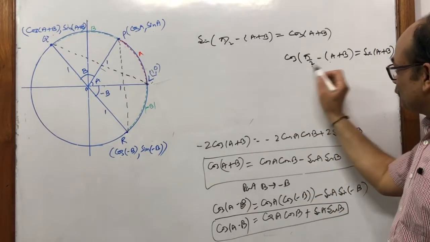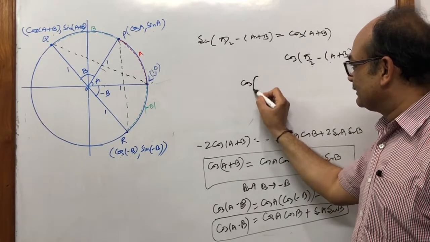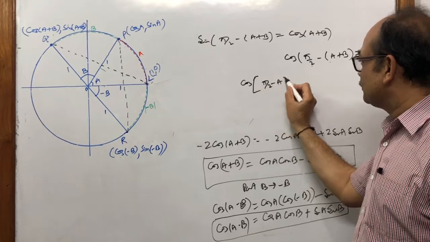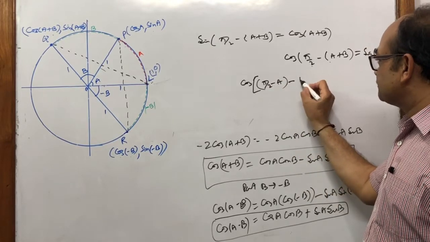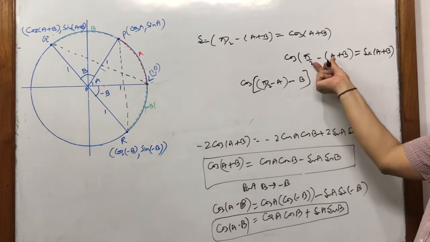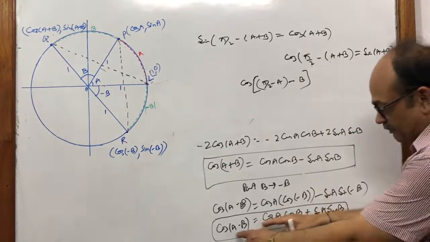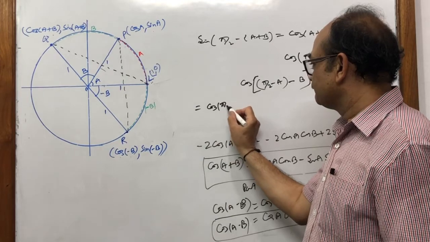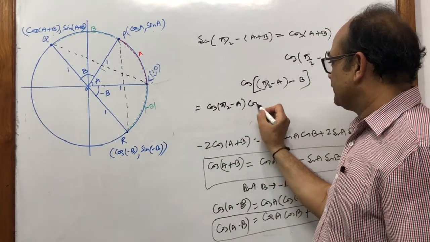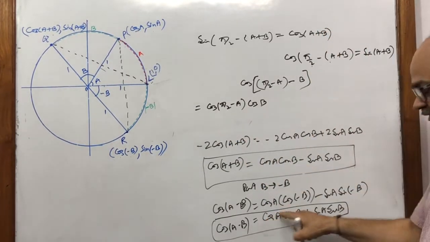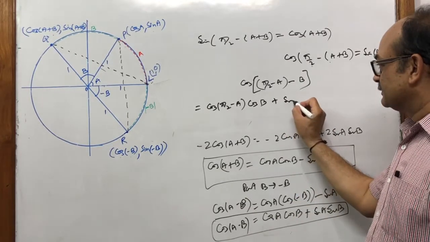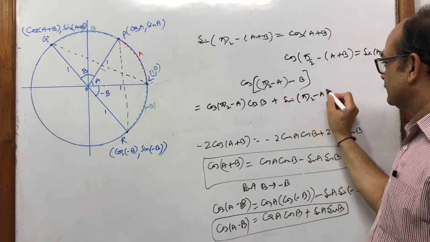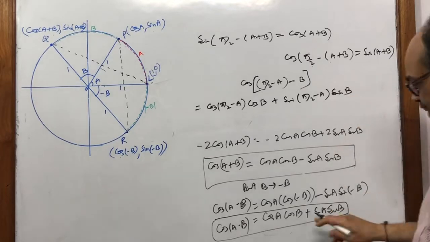So this pi by 2 minus a, if I write with a small change, suppose pi by 2 minus a as one angle and minus b, this one is a and this one is b. Now we expand by this. What we are getting? Cos a cos b plus sin a sin b.